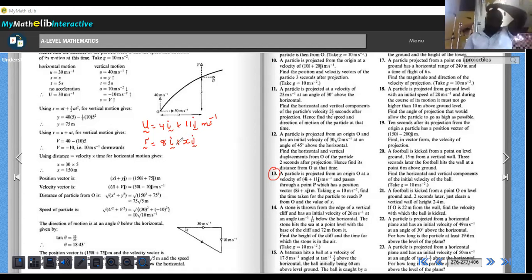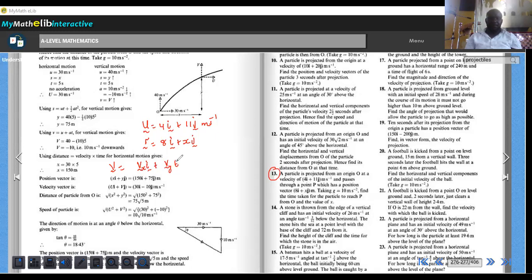Very good. Now, they have given you the initial velocity. We have seen in our earlier discussion that velocity at any one time is given by the component of velocity in the horizontal plus the component of velocity in the vertical at any time t.